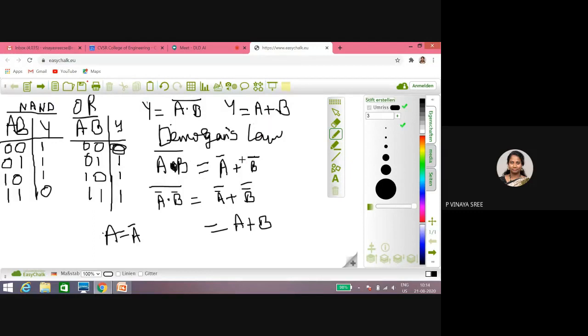For that, is there any solution to get this A plus B? If we do complement again, we can eliminate this complement. That's the reason I have done A complement, B complement whole complement, so that A becomes A complement and B becomes B complement, and next based on this formula you will get the complement. So finally you'll get A plus B.